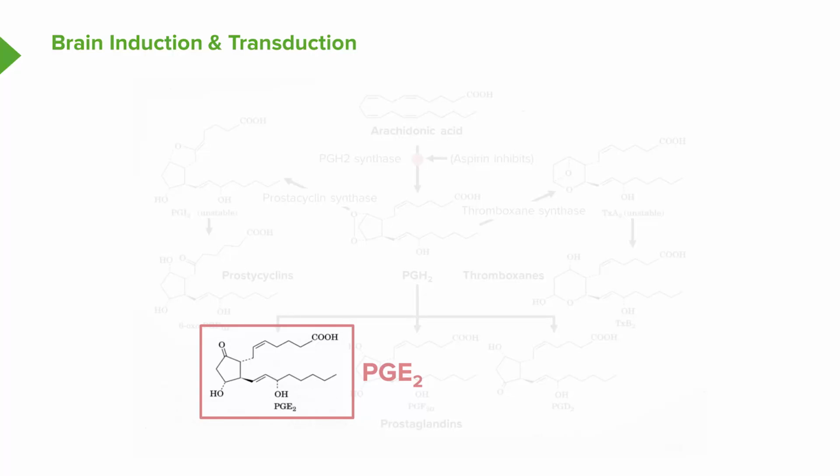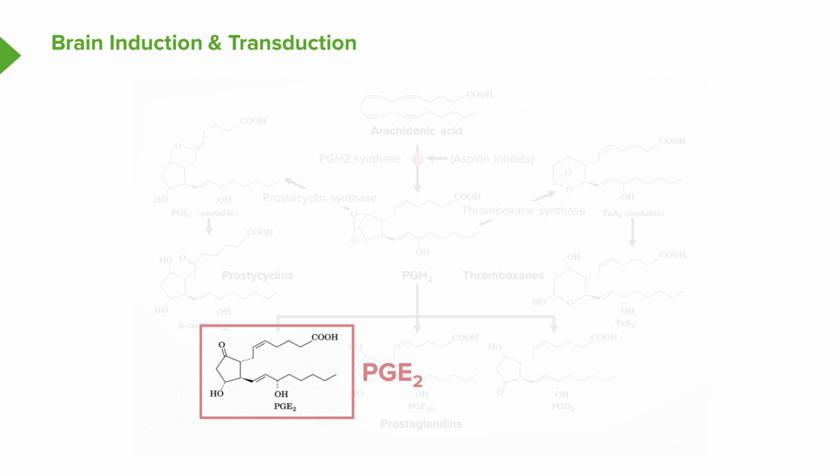So why do we have to think about that pathway? Well, antipyretic therapies such as aspirin or Tylenol block COX enzymes. And if you block the COX enzymes, you get less PGE2 formed. What is it about PGE2 that's so important?